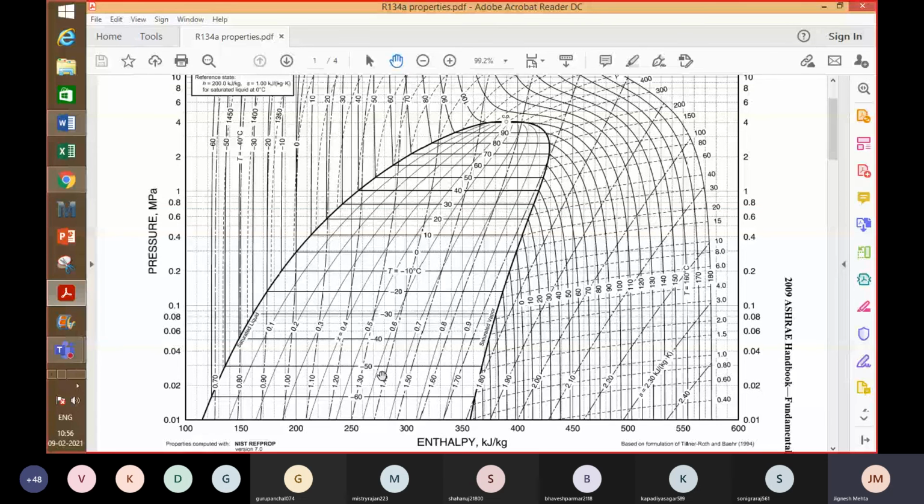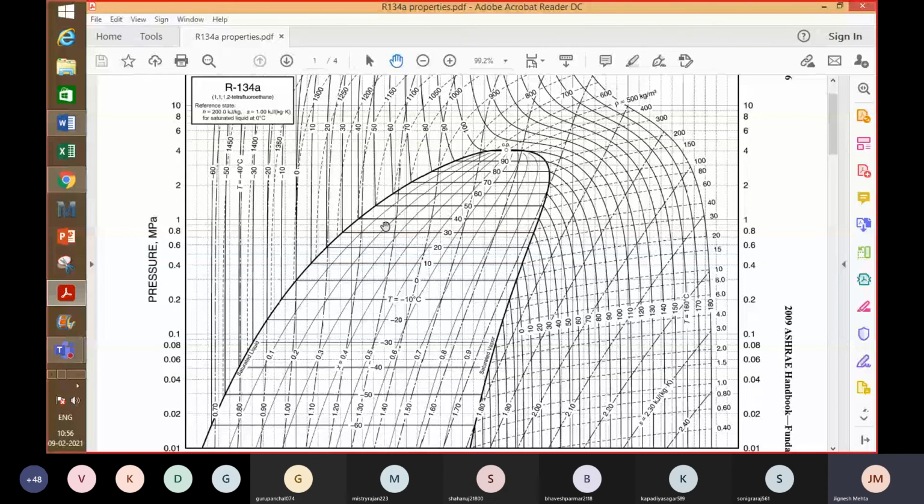So this is the pH chart, and many times we show the cycle on the pH diagram. The TS diagram is good for understanding the processes, but the pH diagram is more commonly used for plotting the cycle, right? Because you already have the skeleton, the required lines are already there.